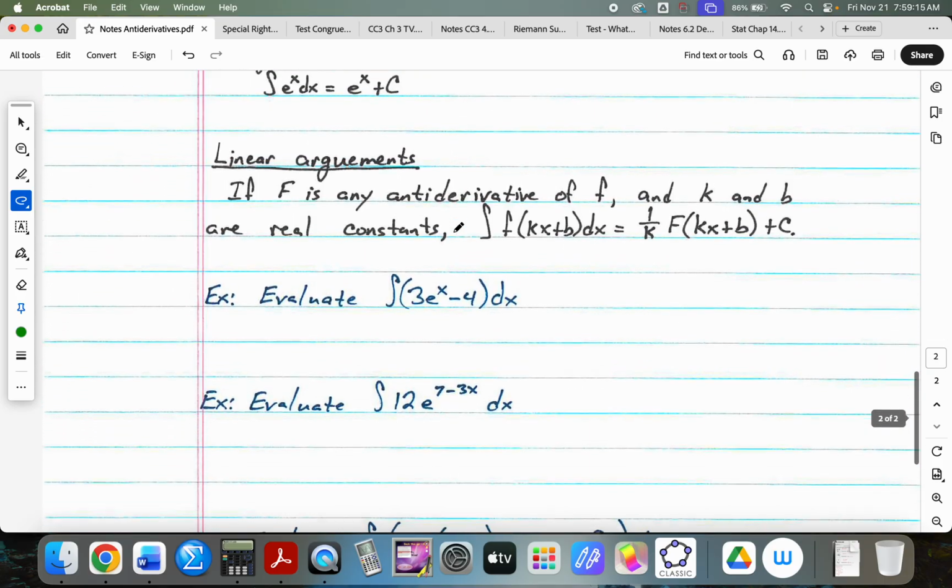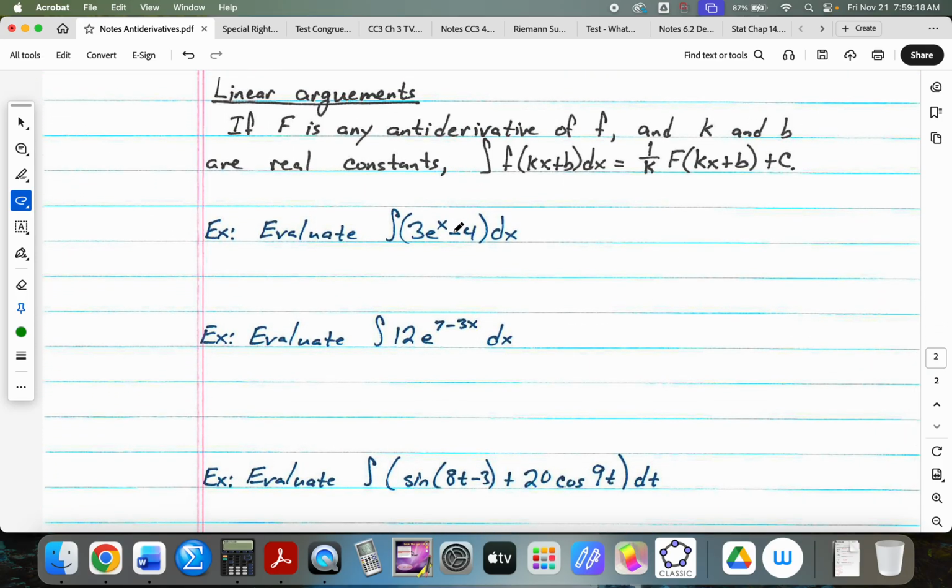Now, one thing that comes up, and we'll get to how to do this if it's more complicated, is this idea of a linear argument. So what we're saying here is that if you have the integral of some function, doesn't matter what this function is, but it's not just f of x, it's f of k times x plus b.